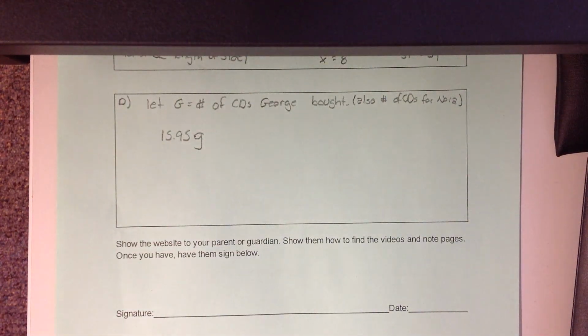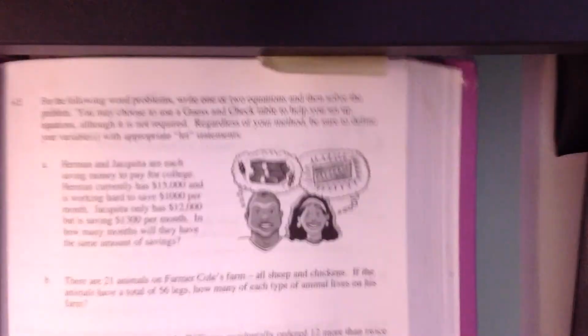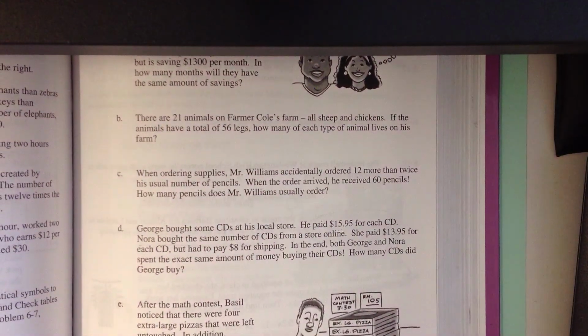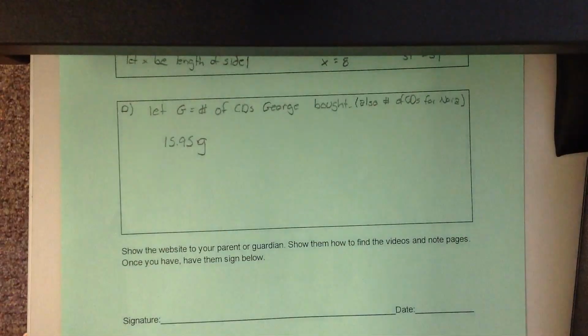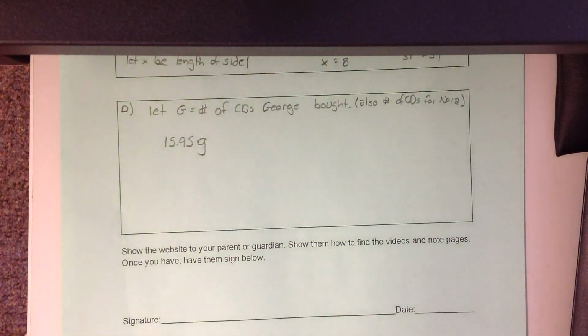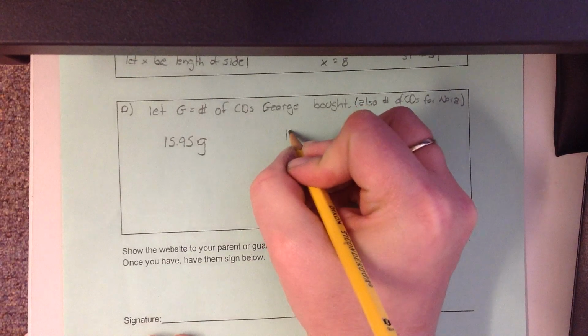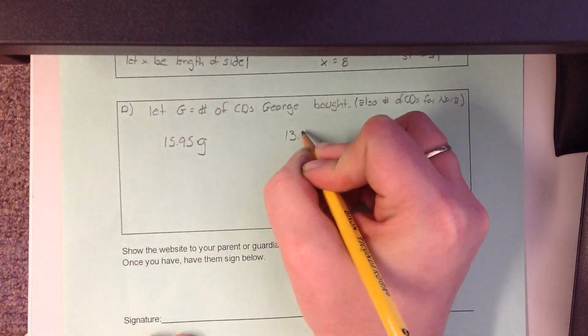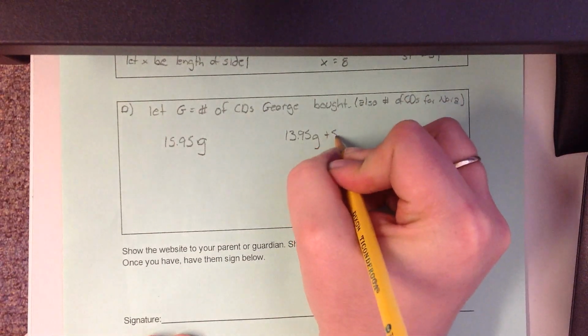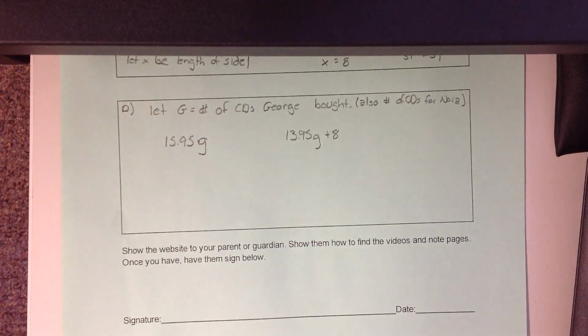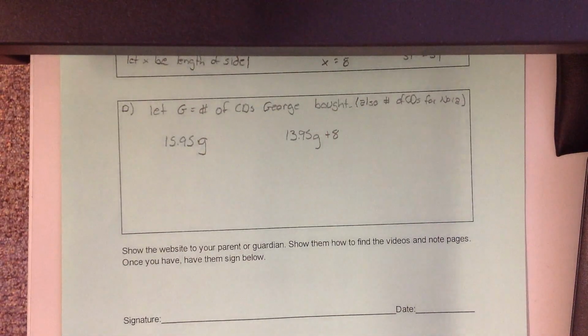And we know that Nora, here's Nora's rate per CD, but she also has to pay 8. So Nora is paying $13.95 per CD plus 8. Okay. And it's telling us that in the end, they both spent the exact same amount of money.